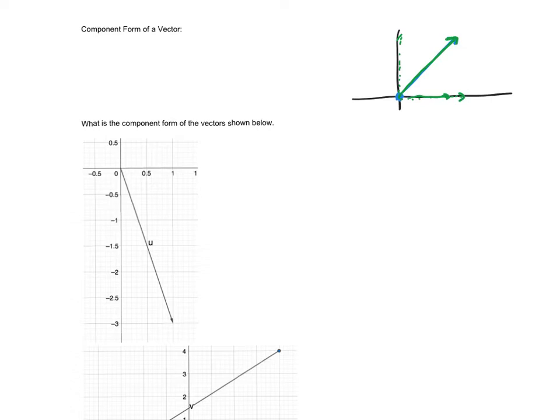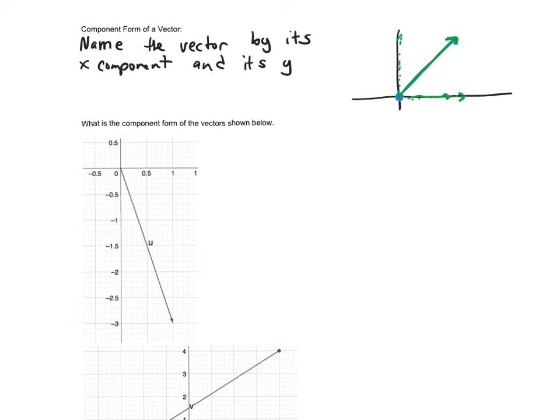So in a component form of a vector, what we're trying to do is we're trying to name the vector by its x component, so how far over you have to go, and its y component. So there's a certain amount over you have to go and a certain amount up you have to go to define this vector, and we call those the components.